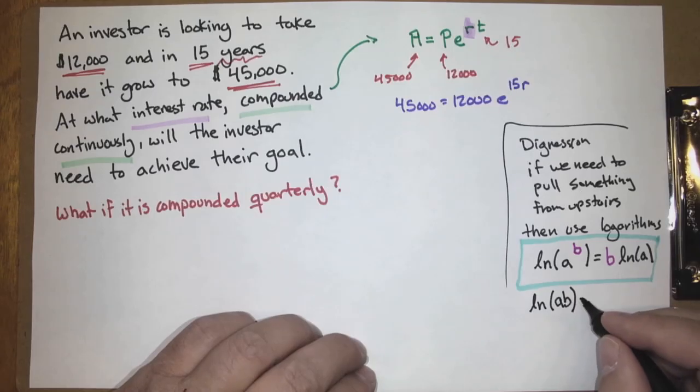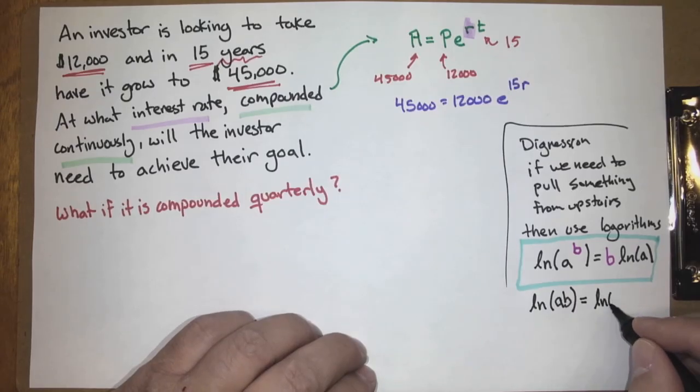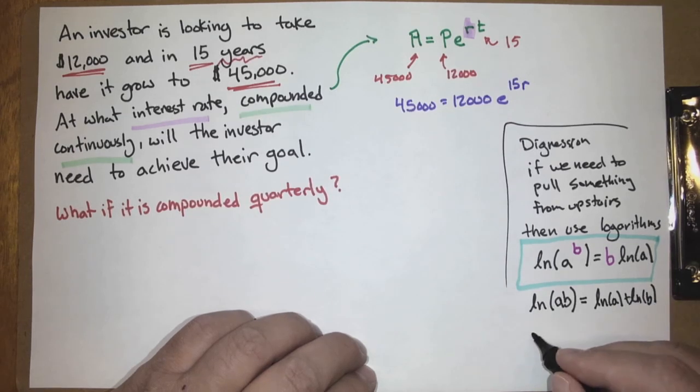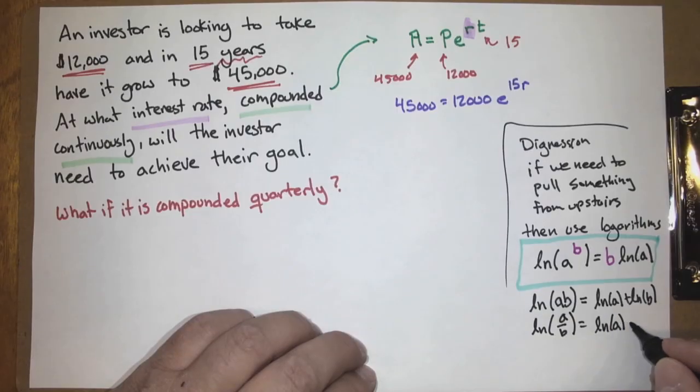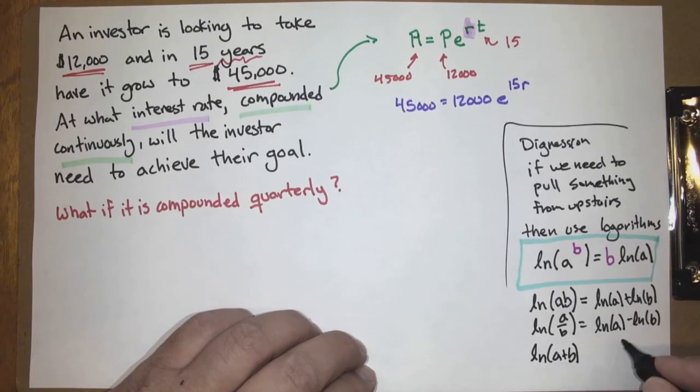Multiplication becomes addition: log A plus log B. If I have division, log A over B, division becomes subtraction. And if I have log of A plus B, that becomes a headache.